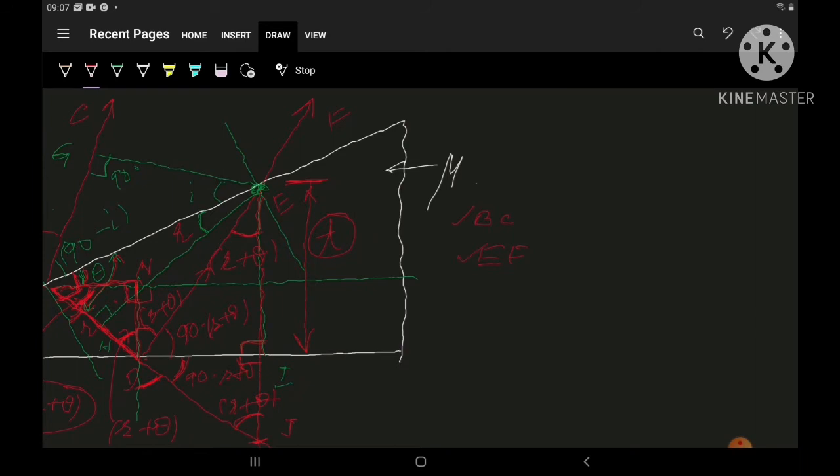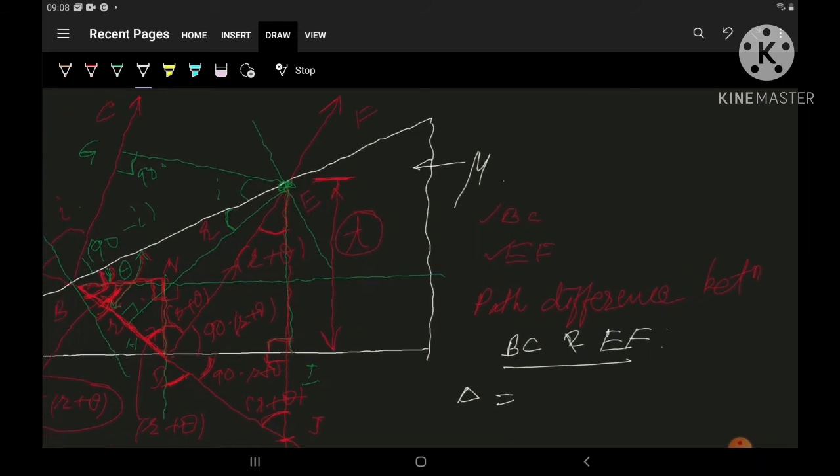From the figure we can see the path difference between BC and EF, suppose it is given by delta, will be equals to, after point B and before the normal EG, the light ray BC has to travel a distance that is equals to BG, and after point B and before the normal EG, the light ray EF has to travel a distance BD plus DE.